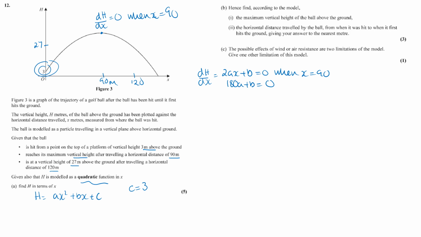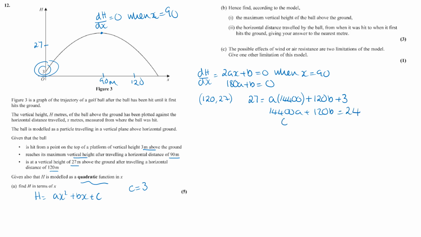The other equation, we're going to feed in the 120, so x, and the 27 in the h. So at 120, 27 will equal our a times 120 squared, which is 14400, plus 120b plus 3, and then take the 3 over, we'll have 14400a plus 120b is equal to 24.